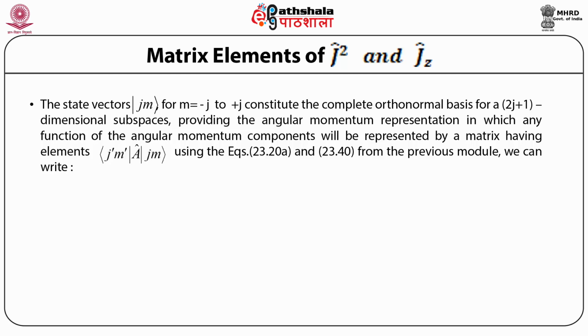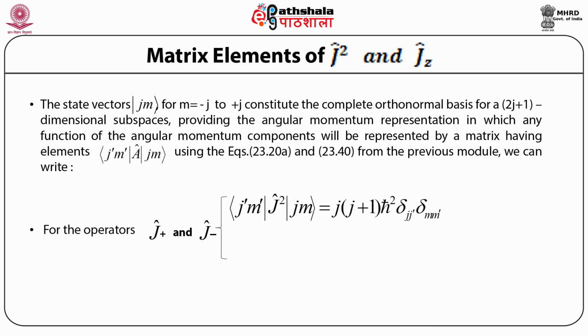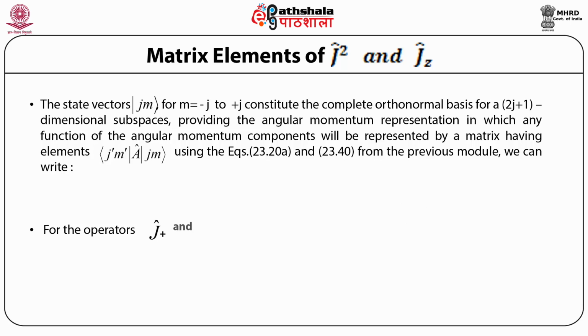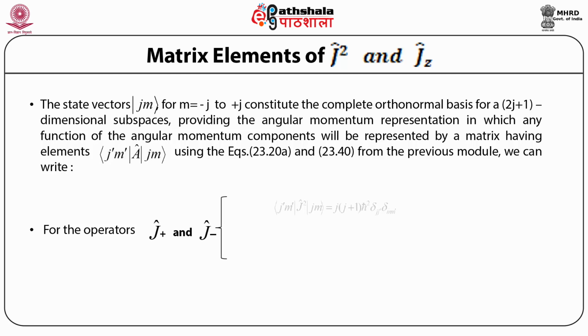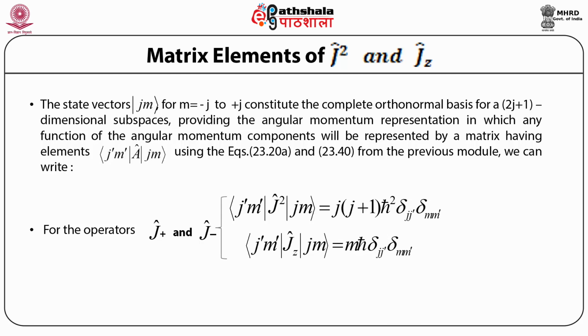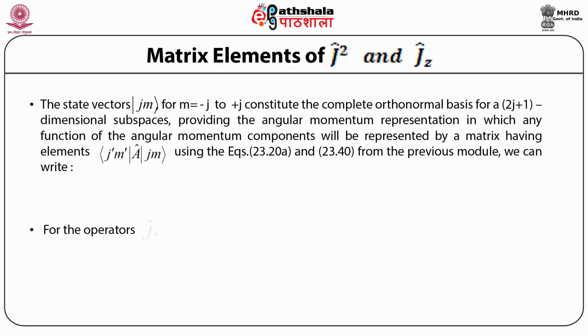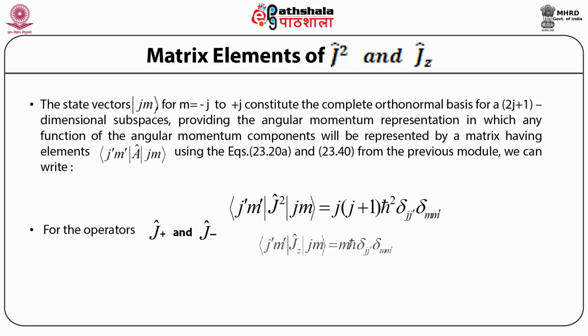If we solve this, then for the operator J square we get <j' m'|J^2|j m> equal to j(j+1) h cross square delta j j' delta m m'.